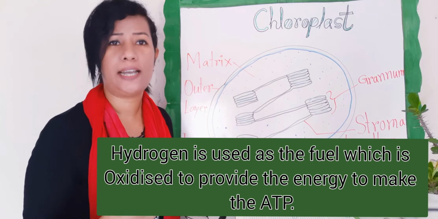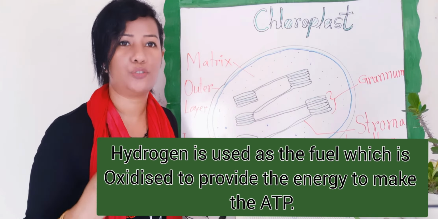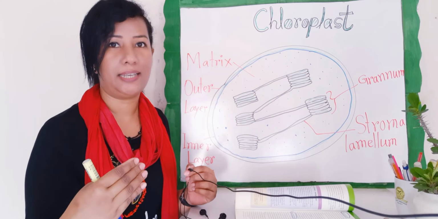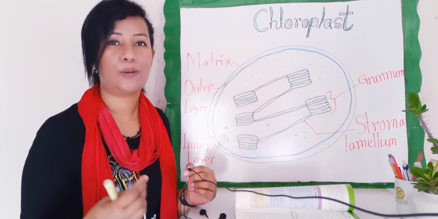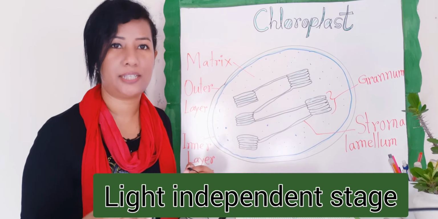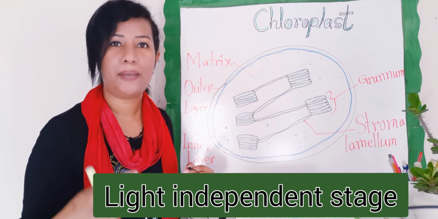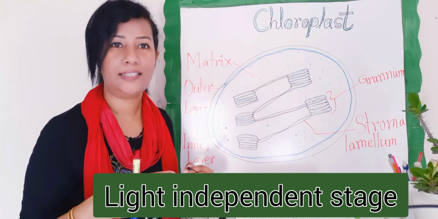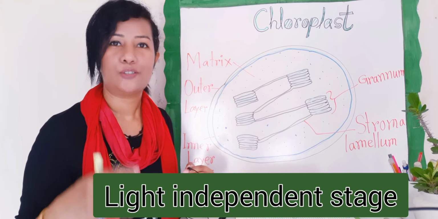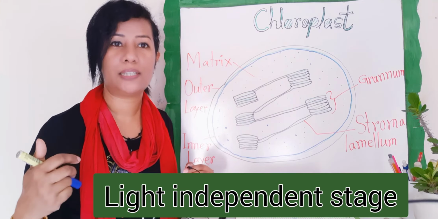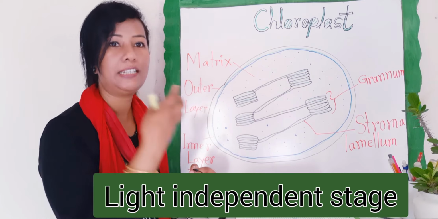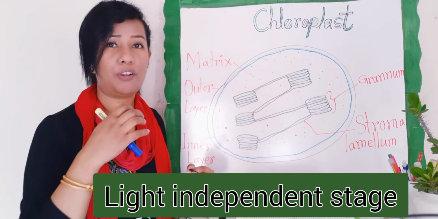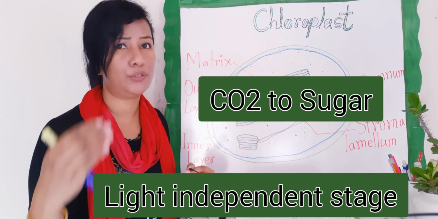Water is oxidized to provide the energy to make ATP, and the second stage is the light independent stage. What's the second stage? The light independent stage. During the second stage, photosynthesis uses the energy and reducing power generated during the first stage and converts carbon dioxide to sugar.